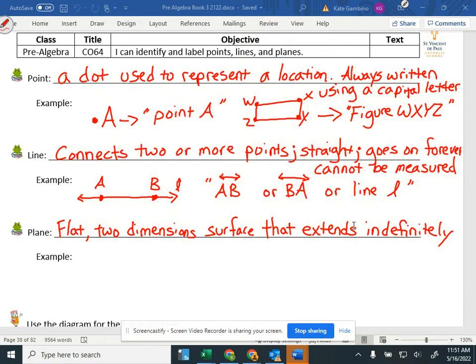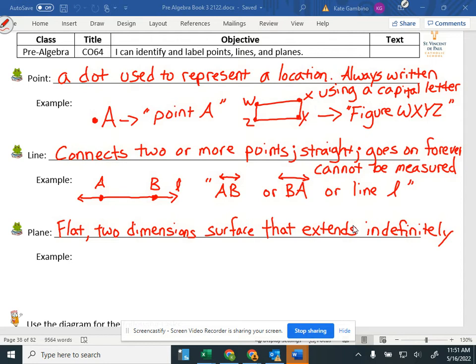How is it different from a line? A line is connecting these 2 points. So a line is just a straight line. A plane goes in all directions. So a line is just that line, just one line, whereas the plane goes north, south, east, west. It goes on and on and on.